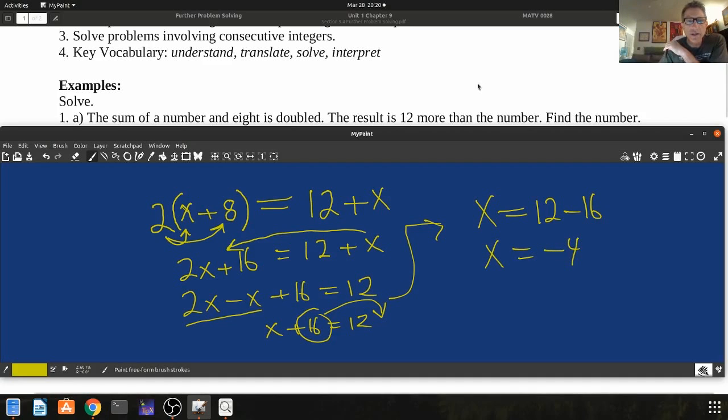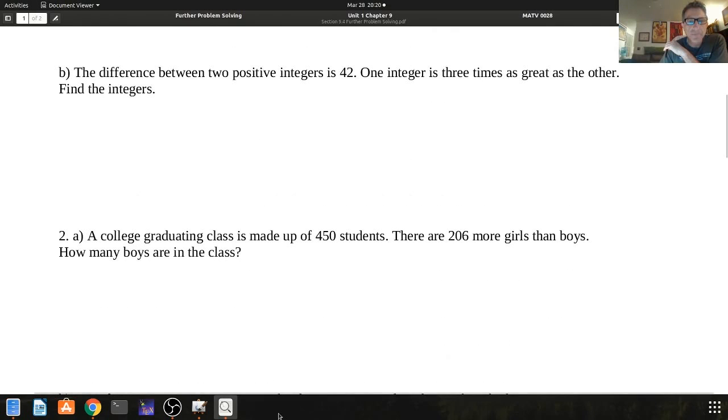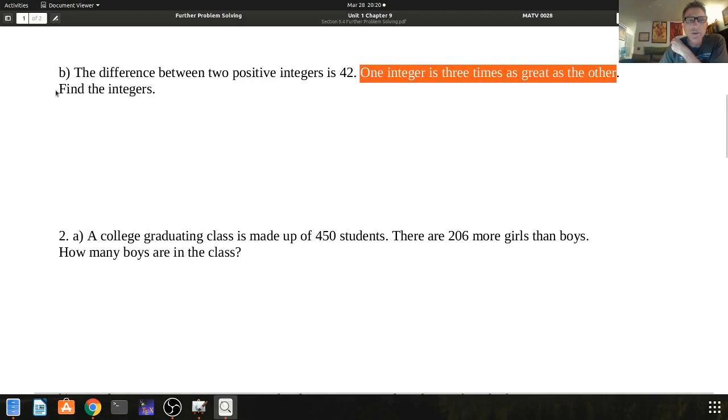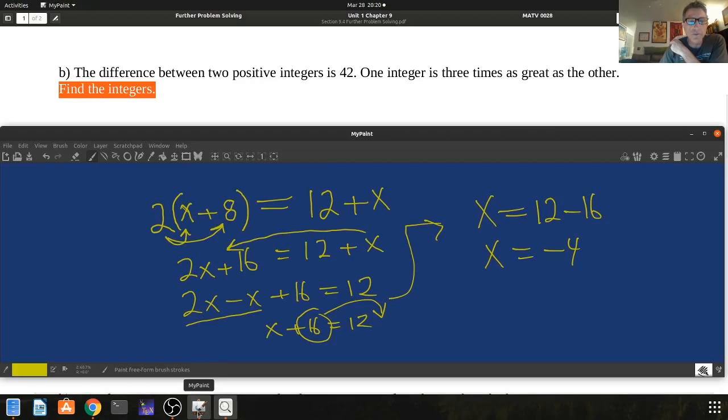So let's look at our next problem. The difference between two positive integers is 42. One integer is 3 times as great as the other. These are all key words. Find the integers. So we're going to find two things in this one.